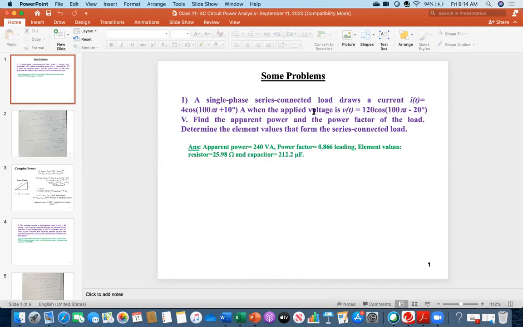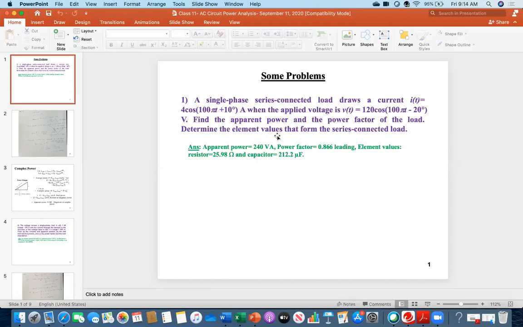As you can see, it's clearly a series connected load, but it does not say whether it is resistance, capacitance or inductance. It is not mentioned. That's why the last part of the question says determine the element values.